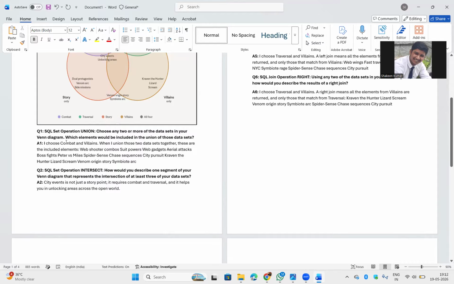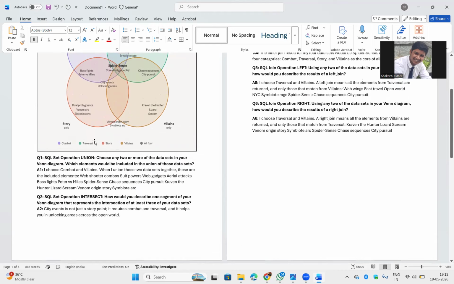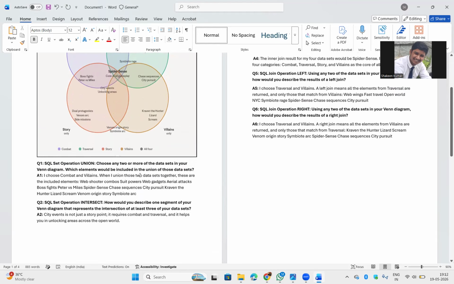I have chosen combat and villains, because when I union those two data sets together, they include elements like web shooters, combo suits, powers, web gadgets, aerial attacks, boss fights, and Miles' spider sense, and more. It adds so many things.